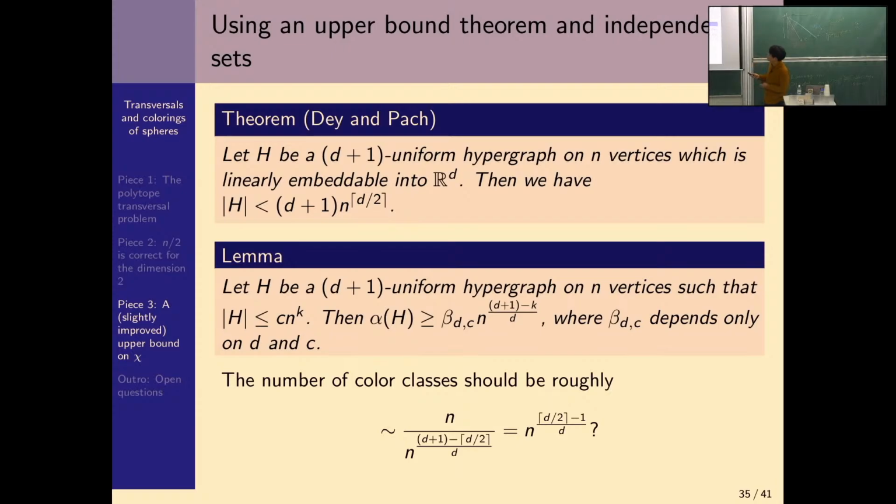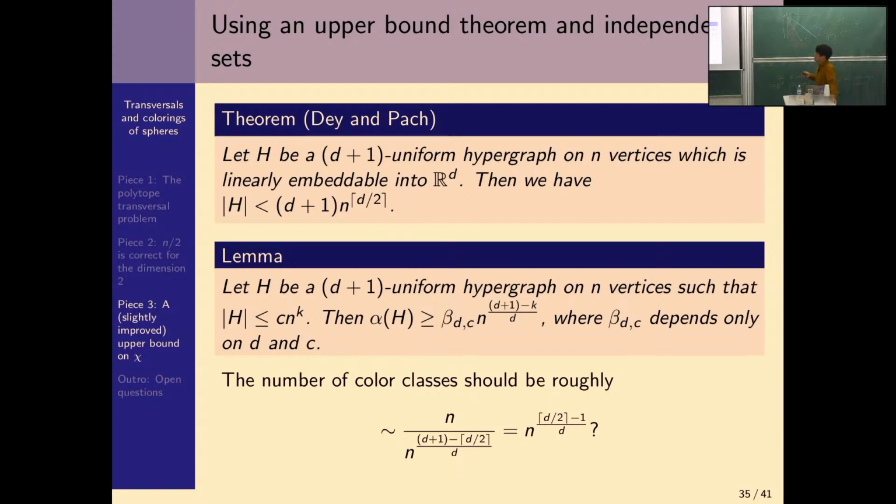It is known, as another upper bound theorem, that whenever we have a geometric hypergraph which satisfies something like this, we have this bound on the number of hyperedges. There is another lemma, which is a very famous argument using the alteration method.